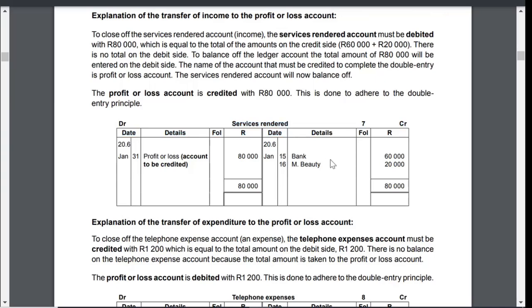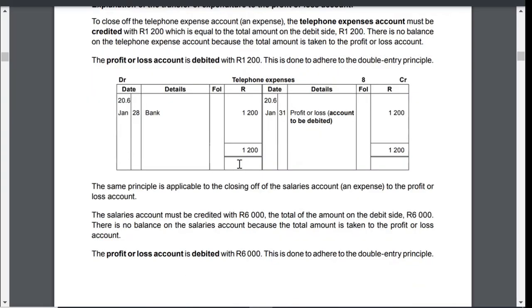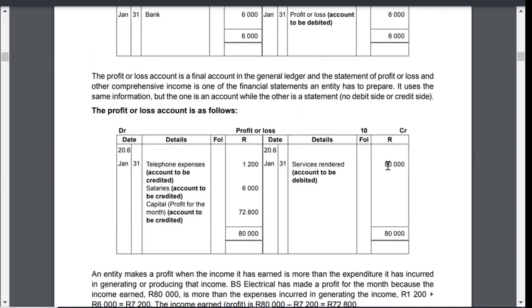The service account had a credit balance of 80,000, so they debit it with 80,000 to clear the account. Remember, for every debit there must be a credit. So if this account is being debited with 80,000, where is the credit going? The credit is going to this account.